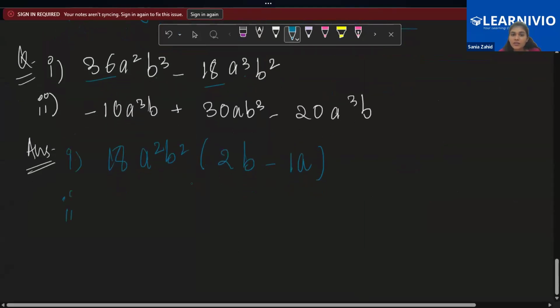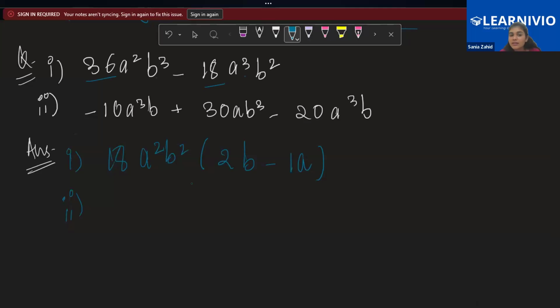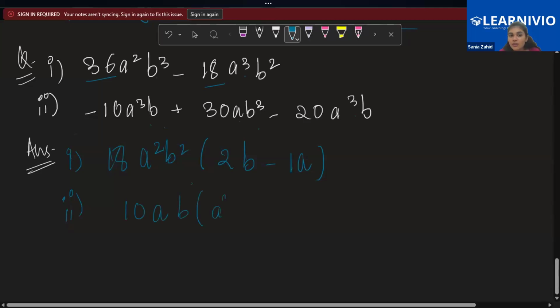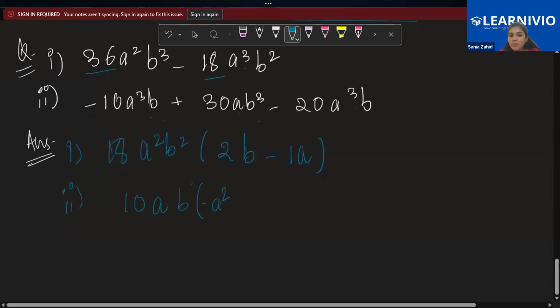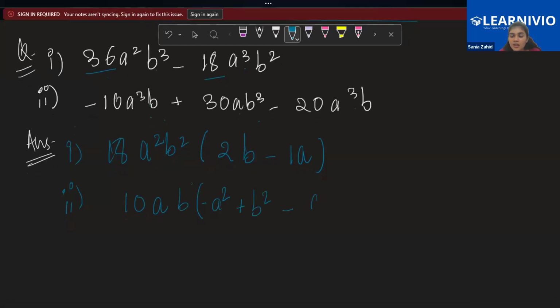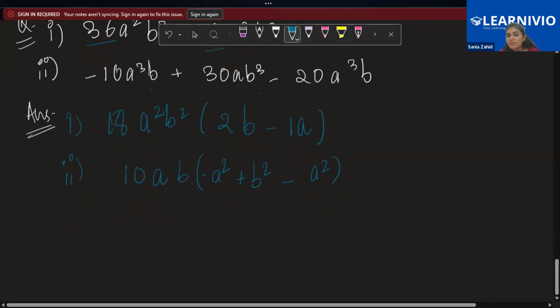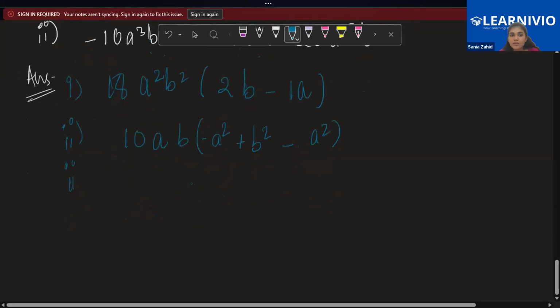Now children, the second one, the HCF of 10, 30 and 20 is 10 only. a cube, a and a cube, you will just take a. b cube and b, you will just take b. In the bracket, you have a square minus a square, because it was minus 10a cube. Then plus b square minus a square again. Now children, you see what does it become?